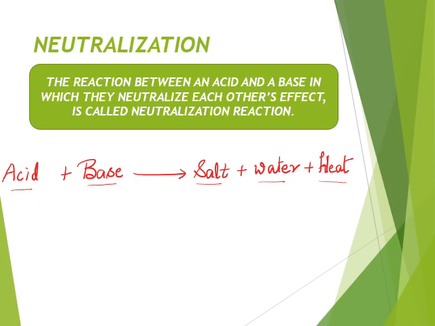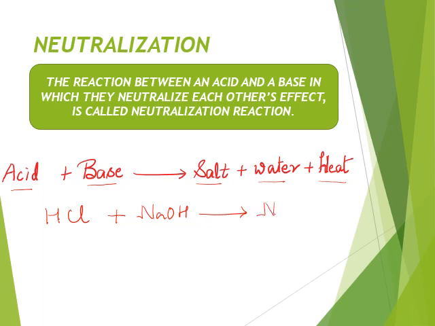Let's take the example of an acid and a base reaction. Here HCl, hydrochloric acid, is reacting with sodium hydroxide, NaOH. And as I have said, during this neutralization reaction between an acid and a base, a salt will be formed.